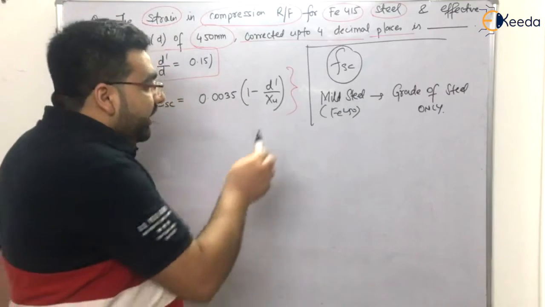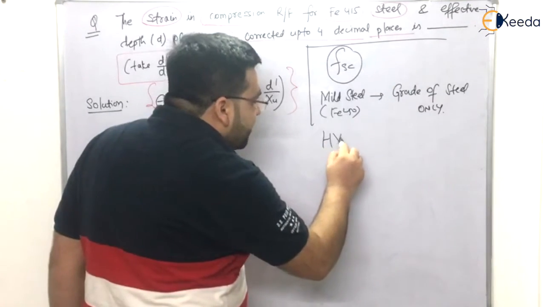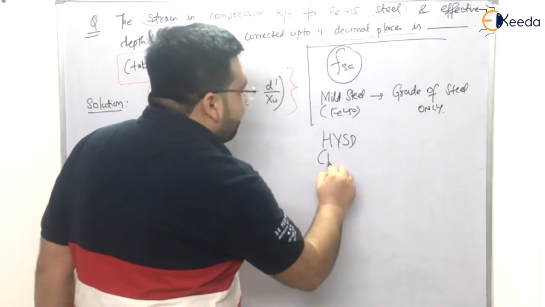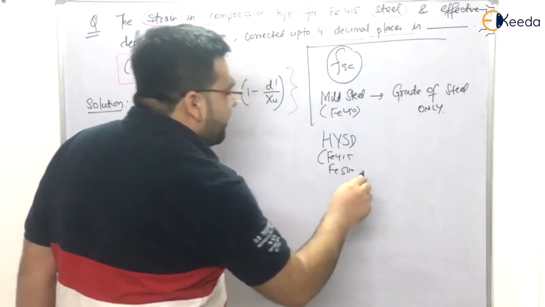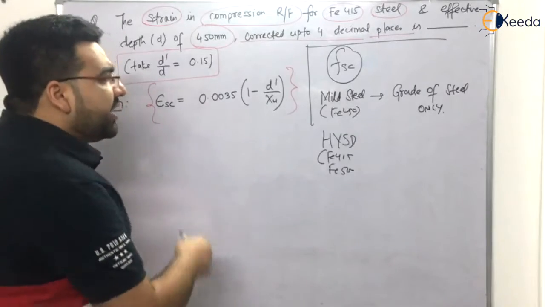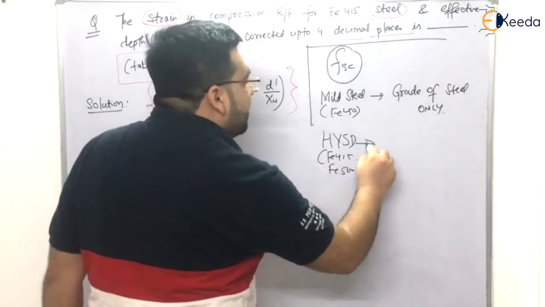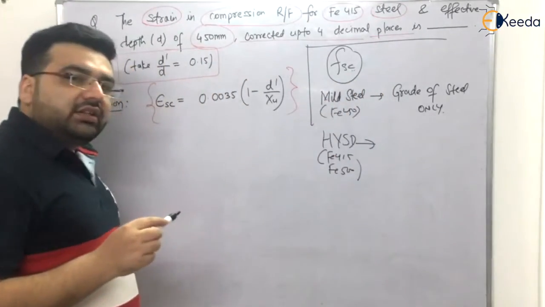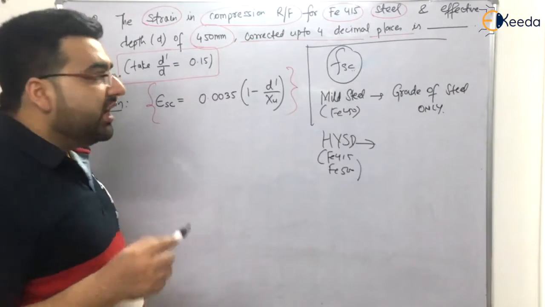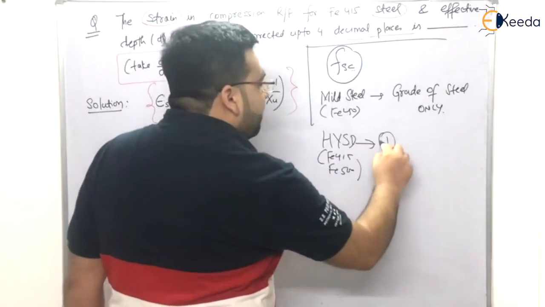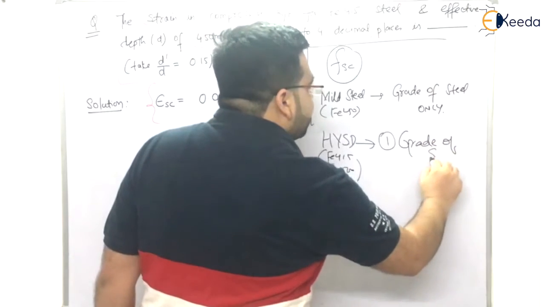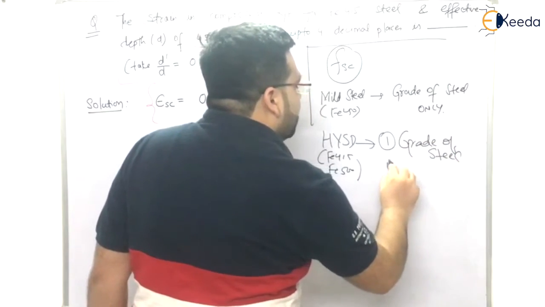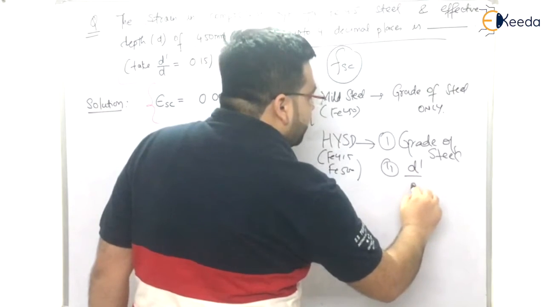Clear? Now, if it is a high yield strength deformed bar like Fe415, Fe500, Fe550 and so on, then the value of fsc, the stress in the compression steel, depends upon number 1, grade of steel, and number 2, d dash by d ratio.